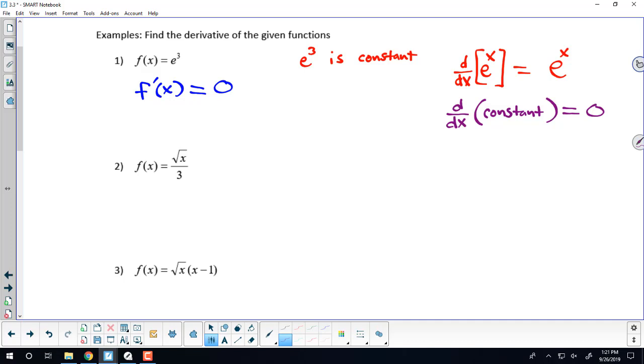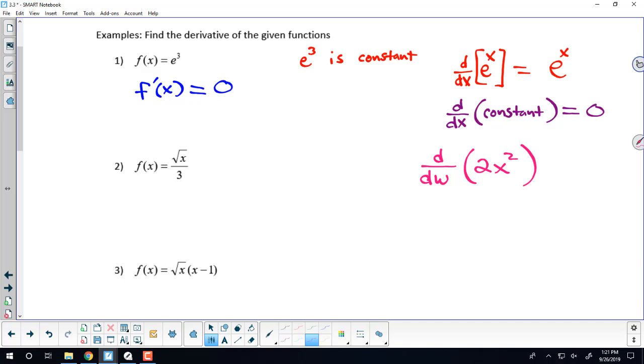You just got to be mindful: I'm taking the derivative with respect to what variable. Is it x? Usually it is x. Is it t? Is it w? Is it s? If I don't see those variables in there, then that automatically constitutes that thing as a constant. So, a little bit more abstractly, we could say, what's the derivative with respect to w of 2x squared? 0.